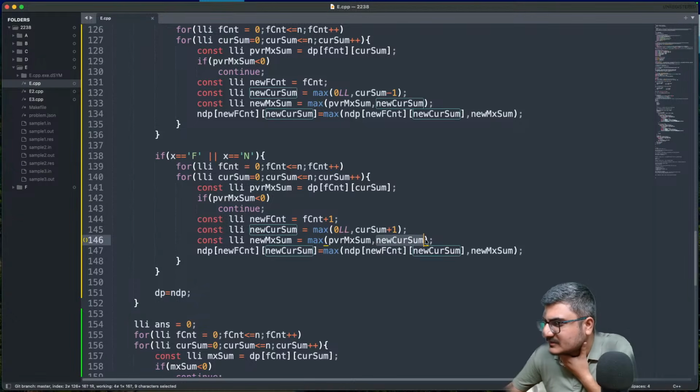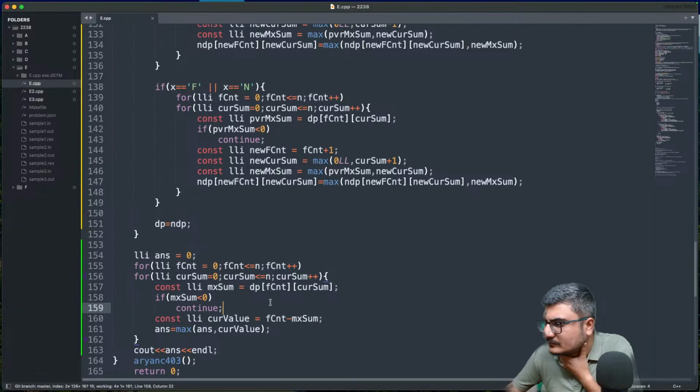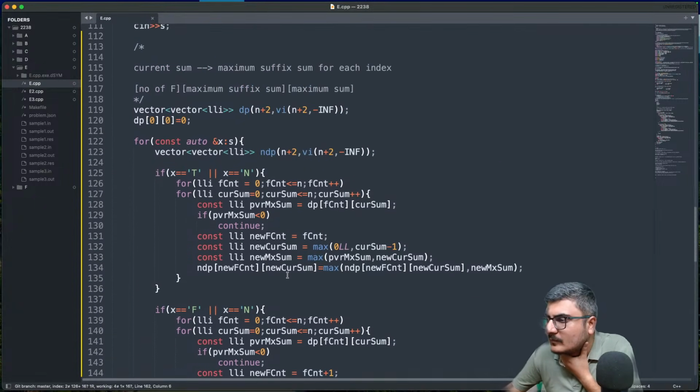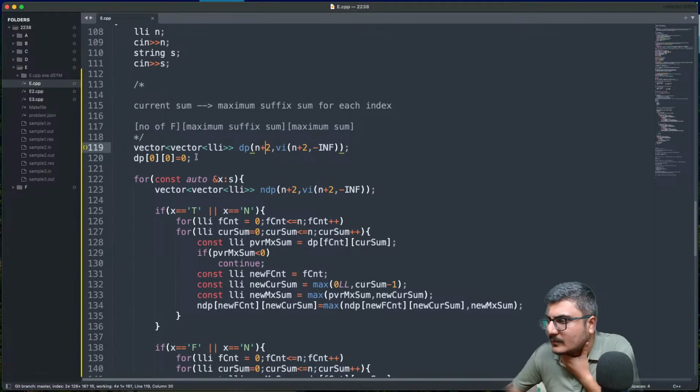This is my running sum. For 0, 0, it would be 0.